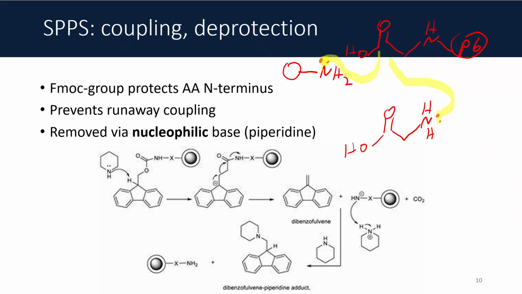Even if we successfully do the first coupling reaction, which might look something like this, there is nothing to stop this nitrogen from continuing the chain and reacting with another glycine. And then that one can react with another glycine, and then you get runaway coupling.